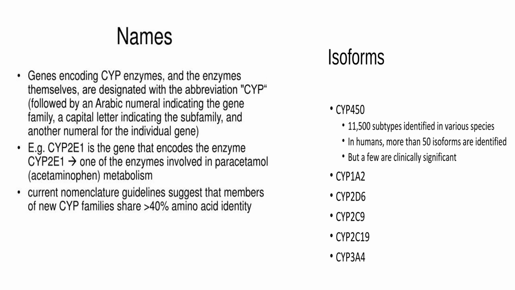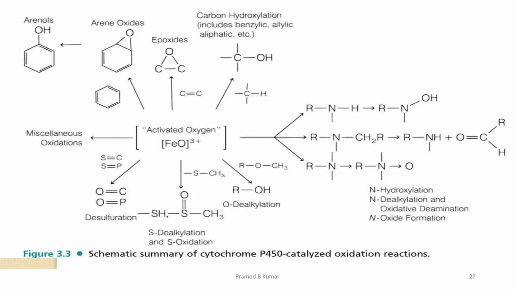These are some examples of cytochromes, that is cytochrome 1A2, cytochrome 2D6. So this is about the isoforms of cytochrome P450.